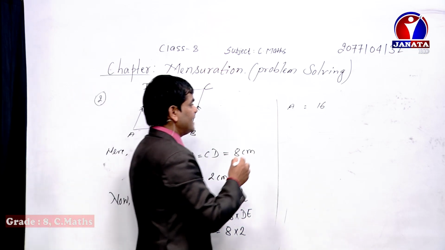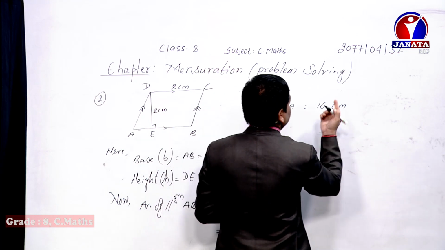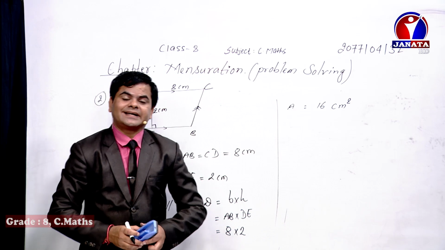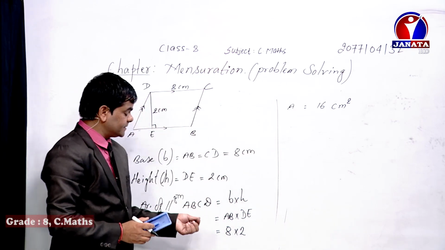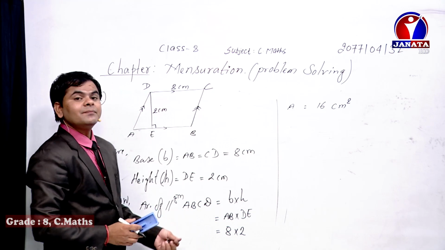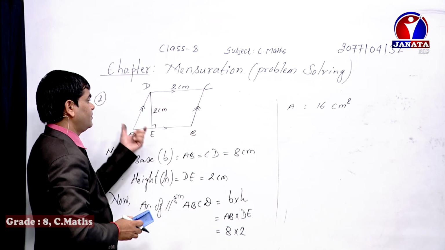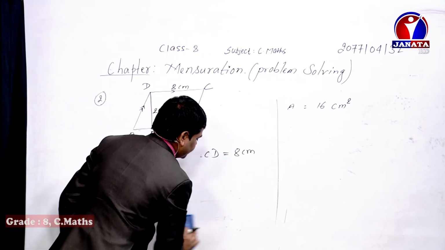I have already told you, the area's unit is always square, so centimeter square. Therefore the area of the parallelogram is 16 centimeter square. So if the question relates to a parallelogram, you can solve it by this method. Another one, let's take another figure.